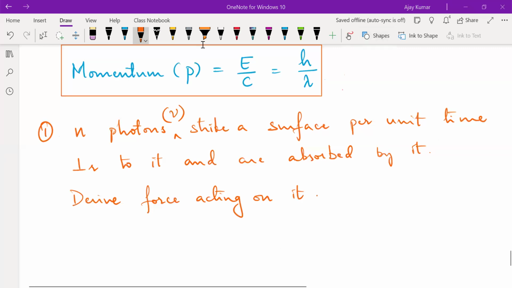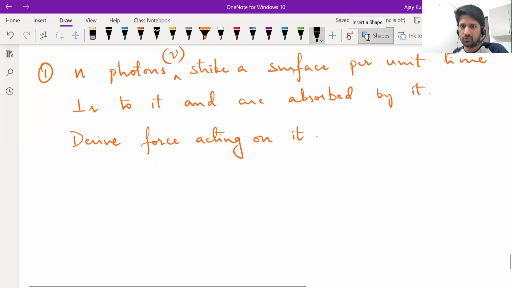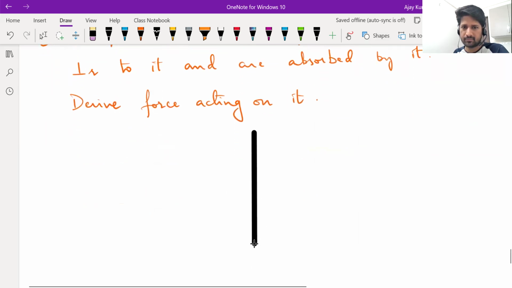Can one of you tell me how force is related to momentum generally? How is force related to momentum? Or what is Newton's second law?